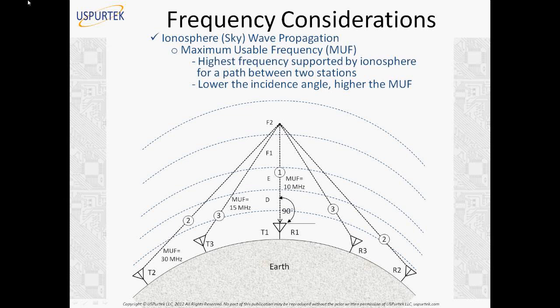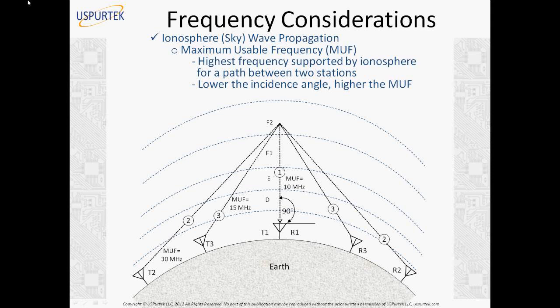In this case, you see, if the elevation angle is reduced, higher is the MUF. For the first case, the critical frequency, MUF is 10 megahertz. If we reduce the elevation angle to, let's say, 60 degrees, then your MUF is 15 megahertz. If we reduce it further to, let's say, 30 degrees, your MUF is 30 megahertz.